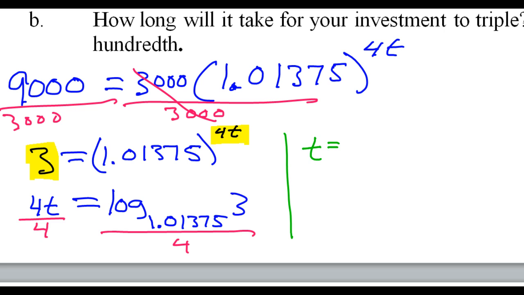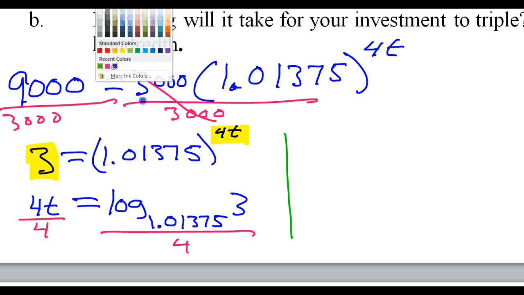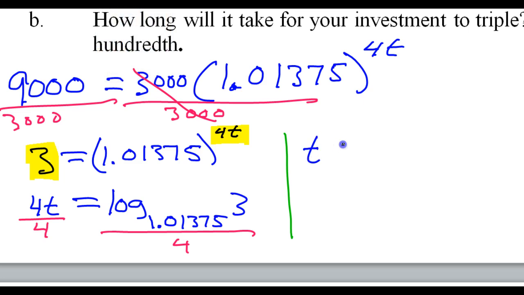Let me keep the colors the same for a second, to make sure no one gets lost in the sauce. So see this blue part up here? Change of base formula says we could write this as log 3 over log 1.01375.